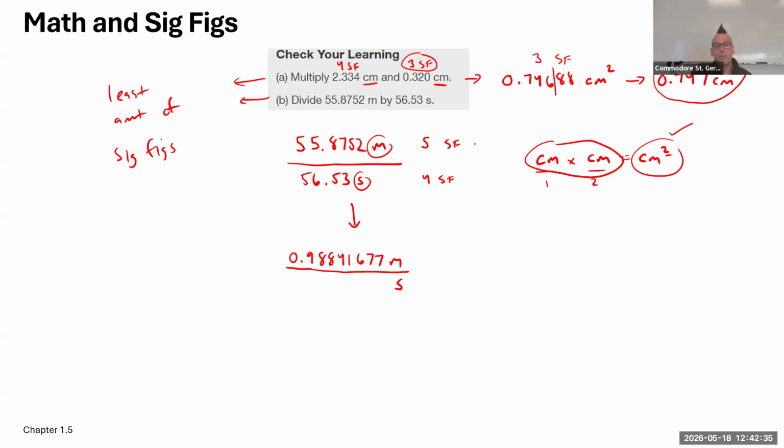So if our numbers have 5 sig figs and 4 sig figs in our problem, we're going to use the least amount of sig figs. It's going to be 4 sig figs. So 1, 2, 3, 4, put a line there. So the answer is going to be 0.9884 meters per second.